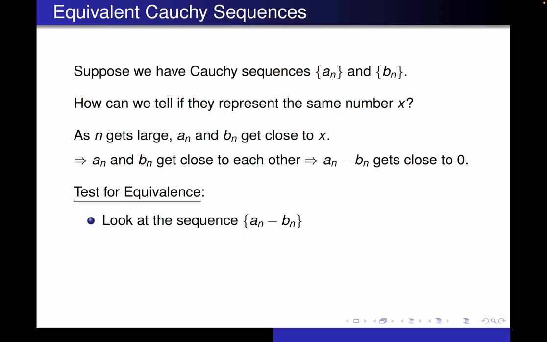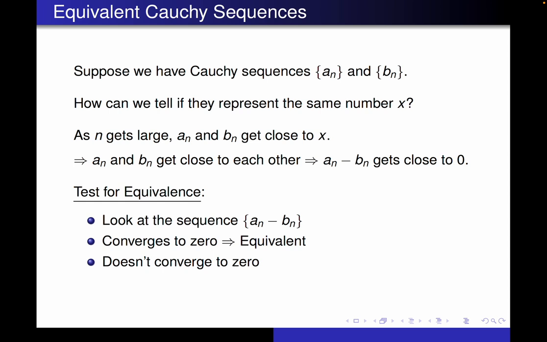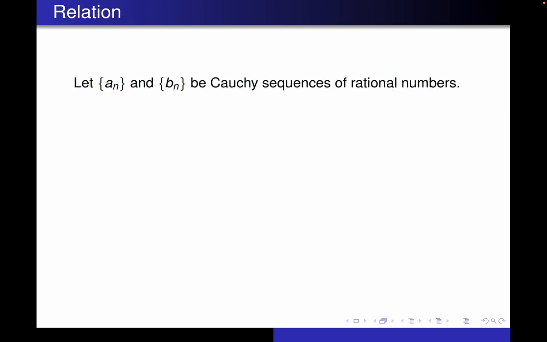Look at the sequence a_n minus b_n. If it converges to 0, they represent the same real number, so they're equivalent. If it doesn't converge to 0, meaning it either converges to a different number or doesn't converge at all, then it's not equivalent. So let a_n and b_n be Cauchy sequences of rational numbers.